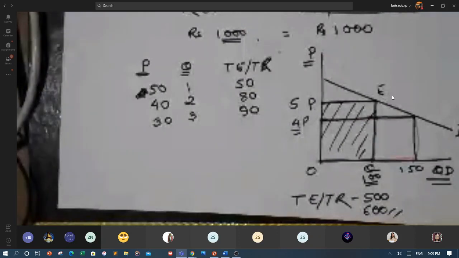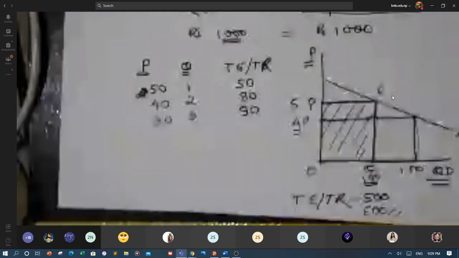Samir? The second one, sir. The second one is greater, which shows an increase in total revenue or total expenditure, because it is relatively more elastic.